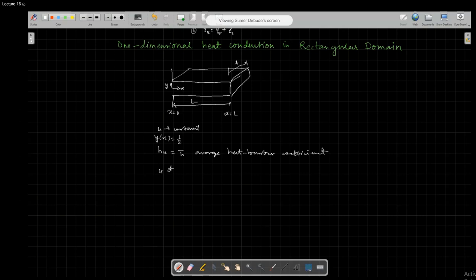K d2T/dx2 minus 2H bar dx cos phi (T minus T infinity) can be written.